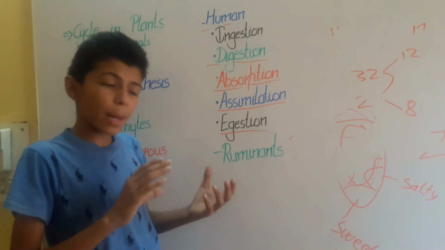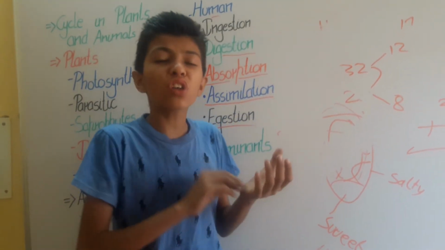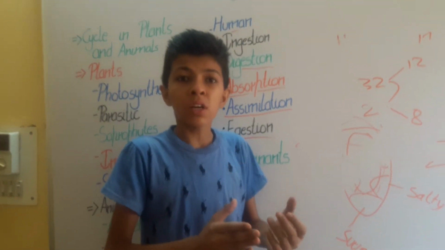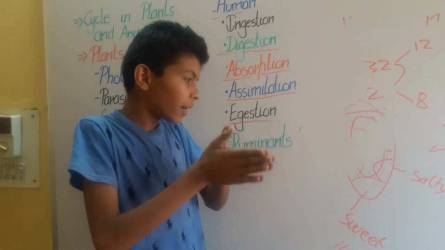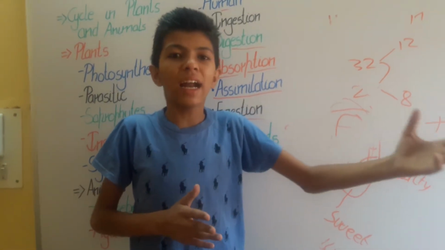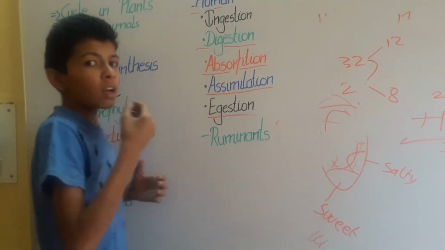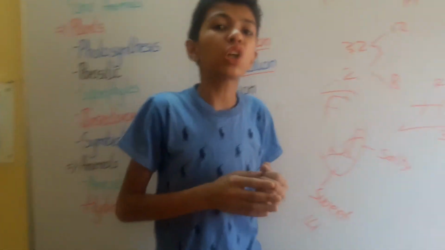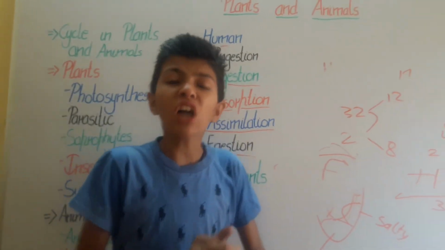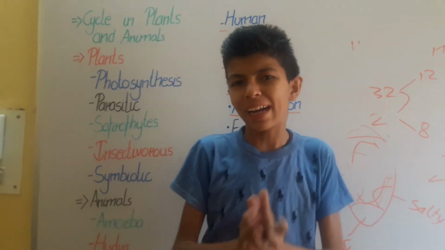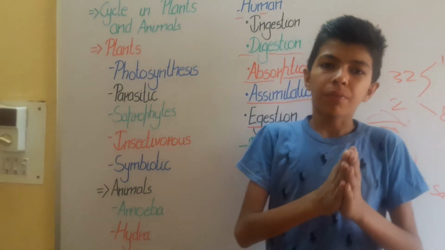The cow or the herbivorous animals take lots of food at one time to not be hunted by the predator, and then they go to a safe place. Then this food they have eaten goes to another organ called the rumen. These grasses and plant products have lots of cellulose, which is a complex carbohydrate and is not digested by their stomach.